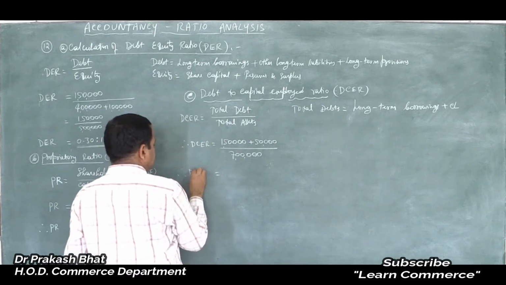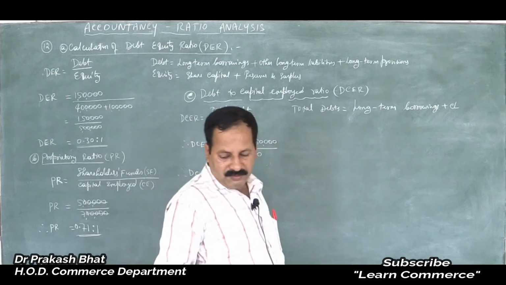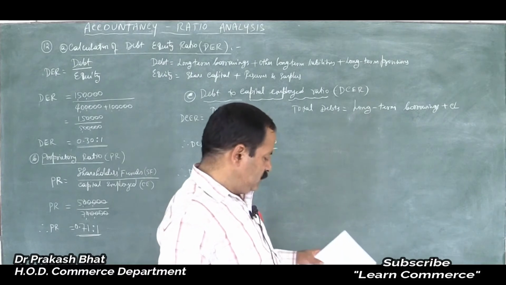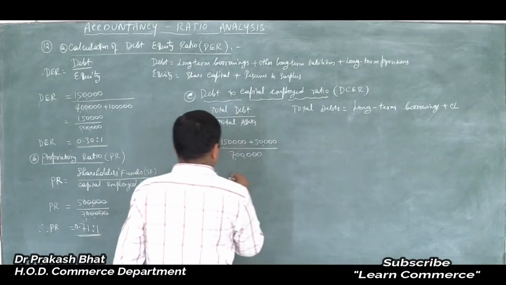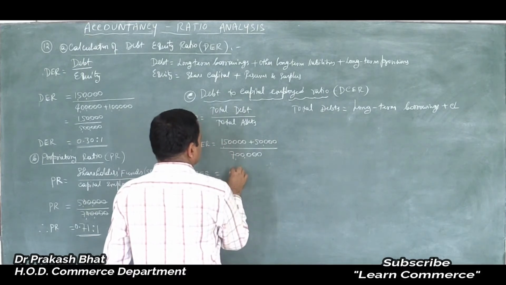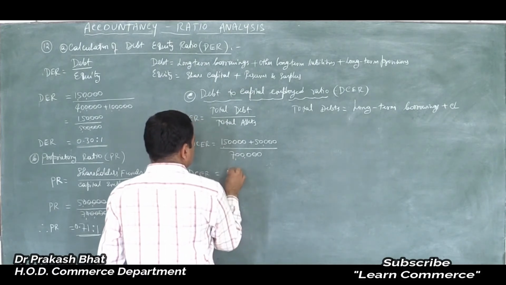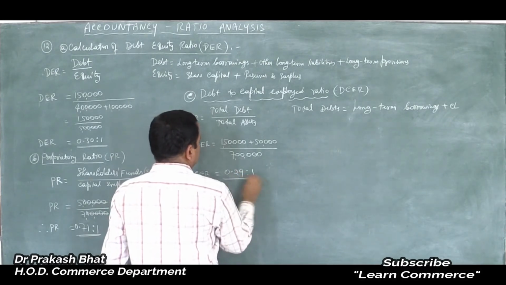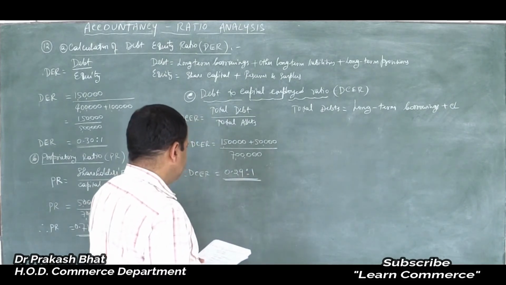Therefore, DCER is equal to, divide it and find out how much it is, the debt to capital employed ratio is equal to, yes, it comes to 0.29:1, isn't it?